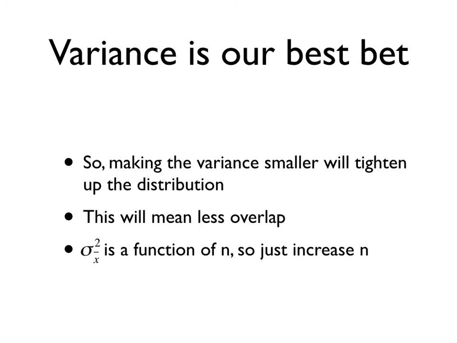Sigma squared sub x bar, the variance of the sampling distribution of the mean, is a function of n. Right? Because the variance of x bar equals sigma squared over n. We can't change sigma squared. Oh, we can change n. Let's increase n. Sigma squared stays the same. n gets bigger.